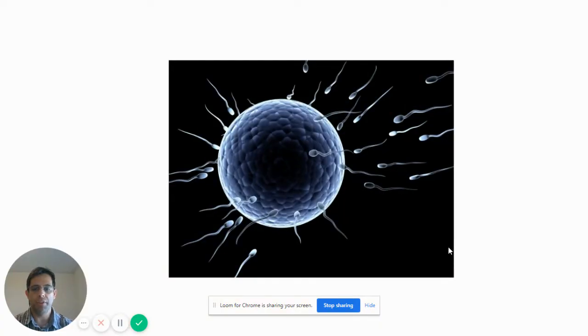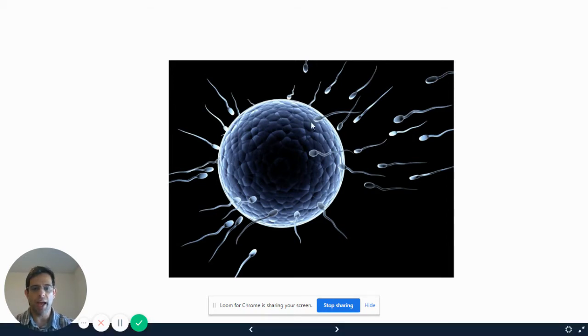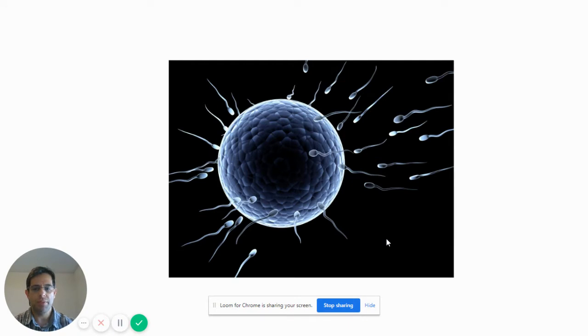So this is a picture. It's an electron microscope picture of the egg surrounded by many different sperm. This must be the human species, but other species have pretty much very similar shapes.